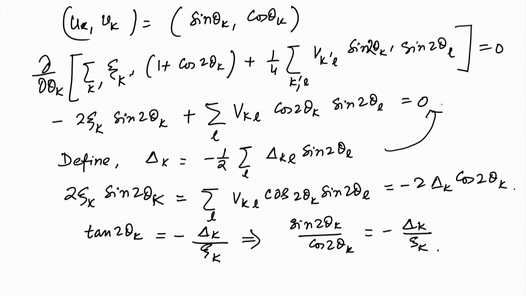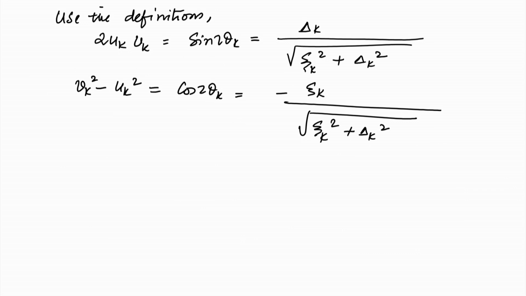So, that is why the cosine 2 theta_k is taken with a negative sign. Alternatively, we could have taken the sin 2 theta_k, but that would not have satisfied the boundary conditions that we have.